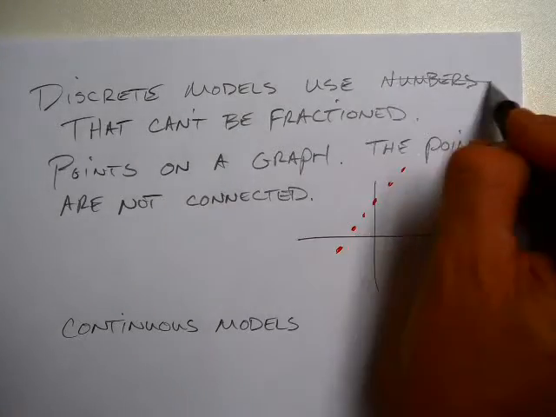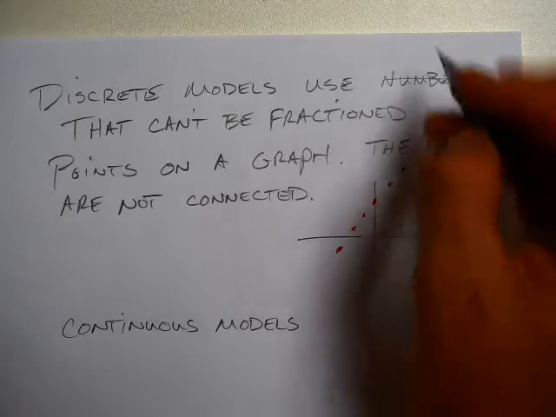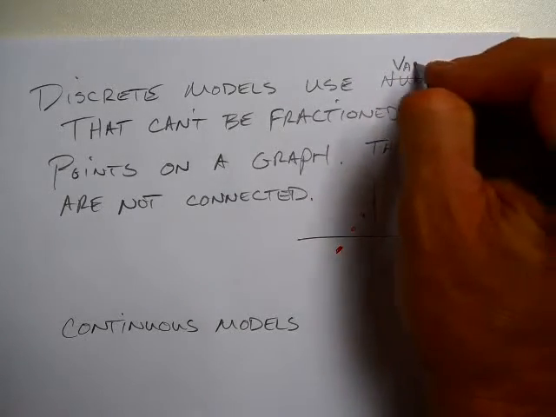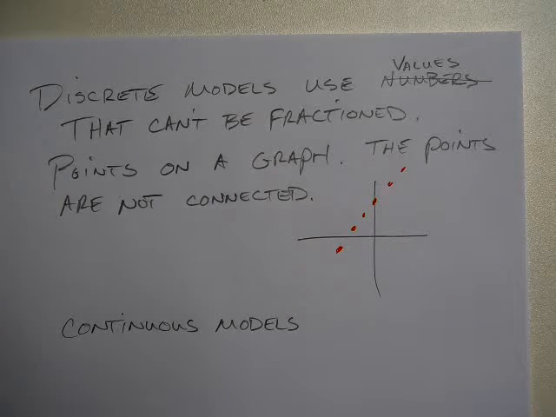I don't like the numbers here because it doesn't leave enough room for context. Now, let's say values. How about that? Even that leaves me a little uncomfortable. Continuous models are something where you can fraction it.